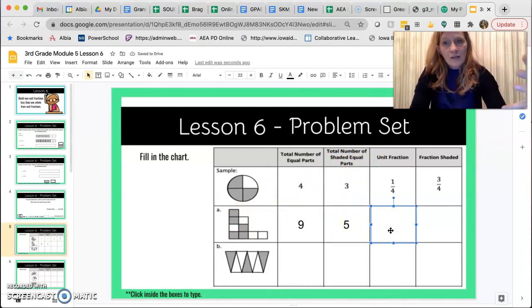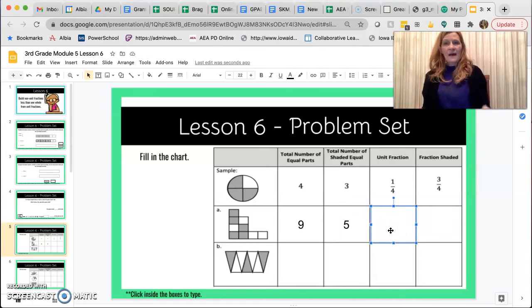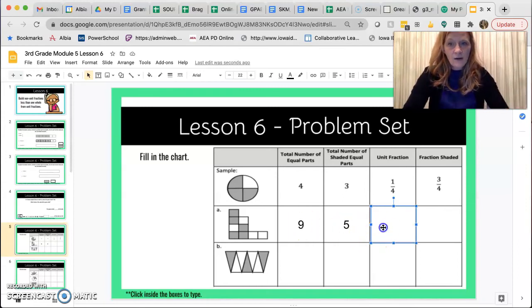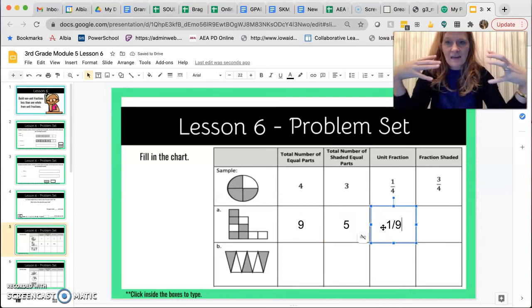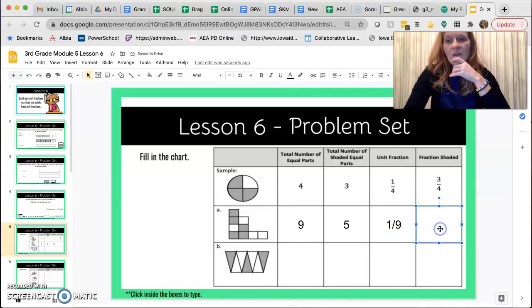What my unit fraction would be is, are we talking about thirds, halves, fourths, fifths, sixths? So if it's divided into 9 equal parts, we're talking about 1/9. This represents ninths here. So then we're talking about our fraction shaded. Out of the whole 9, we said 5 out of 9 were shaded.